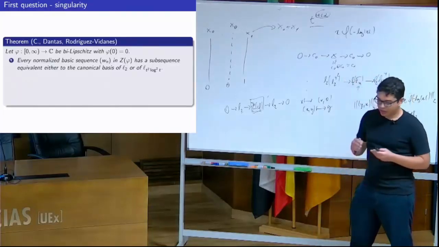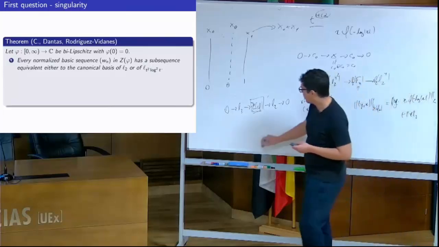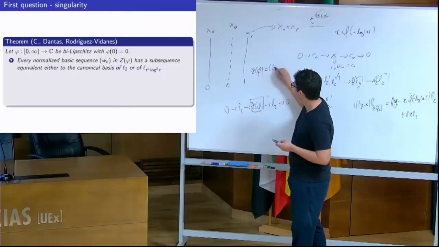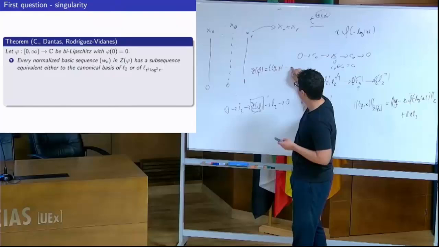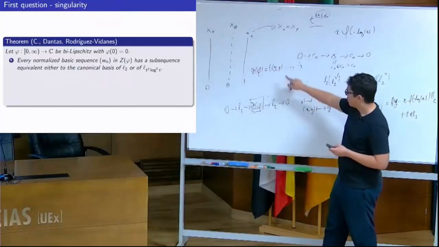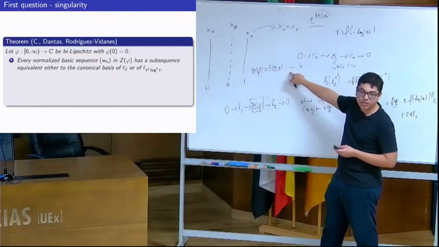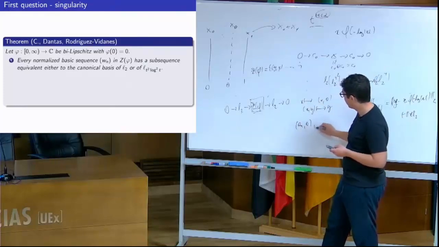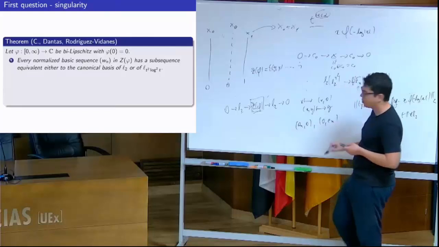So if you look at Z_phi, it is defined as pairs of vectors, right? Here you find a basis. Okay? You have a basis formed by these vectors, (e_n, 0), (0, e_n).